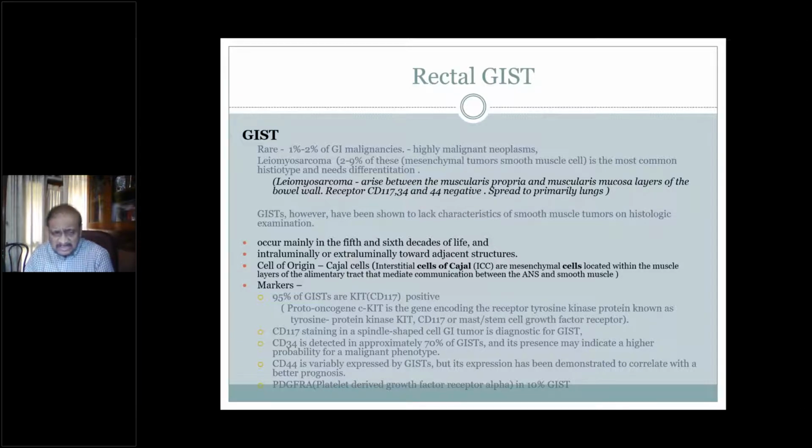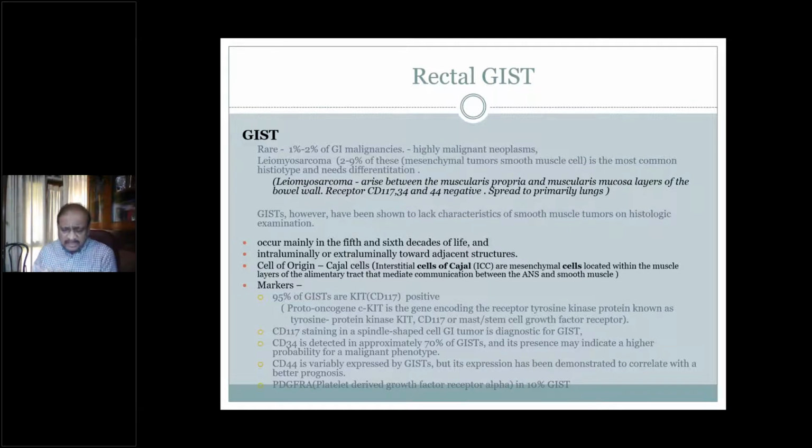That basically tells you that CD117 would be positive in all these patients. That's KIT positivity. Then, in addition to that, you'll find CD34 in 70% of these patients. So 95% CD117 and 70% of GIST will show CD34, and that's also an indicator of a malignant phenotype. So the more the CD34, the more the chances that this patient probably may be having a malignant GIST.